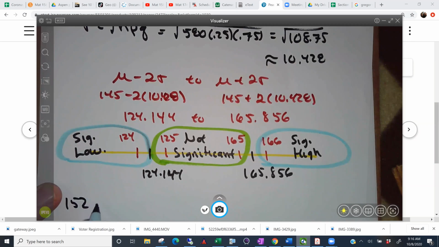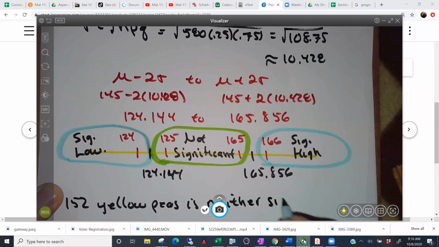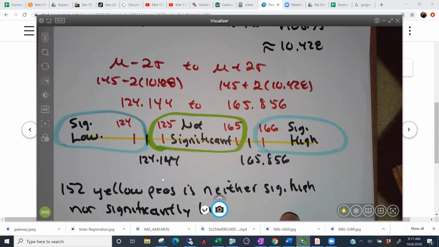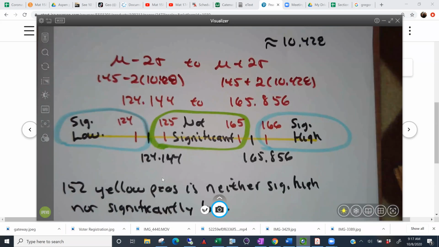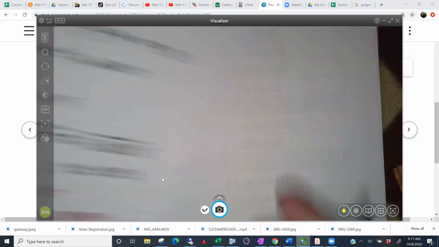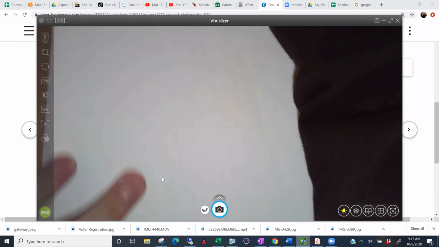Yeah, 152 yellow peas is neither significantly high nor low. It's kind of in that middle ground there. And that's fine. Nothing special about 152. But let's find the probability of 152.